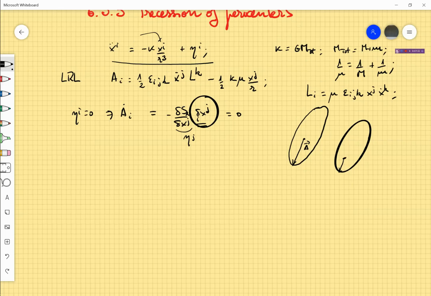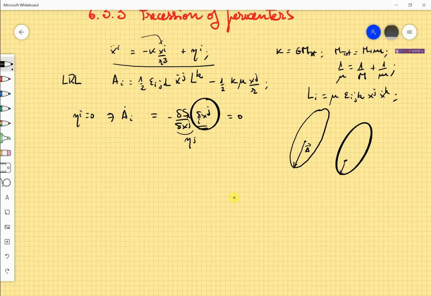So the next thing that you can do is, if this is different from 0, this means that the pericenter is moving. Which in practice means that, if this eta can be treated as a small perturbation, the orbits will be something like this, and this vector will start pointing in slightly different directions. And so the shift of the pericenter is equal to the angular velocity of the vector.